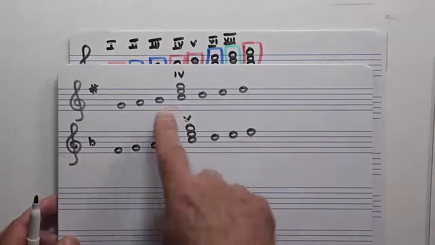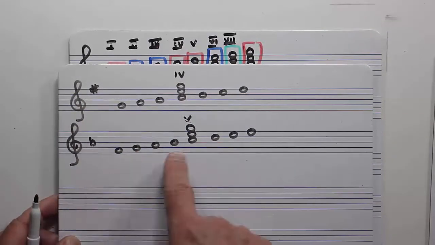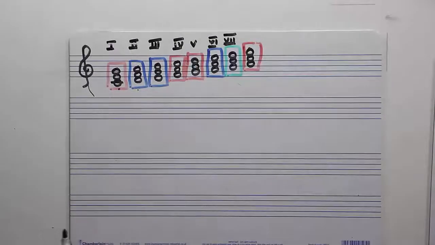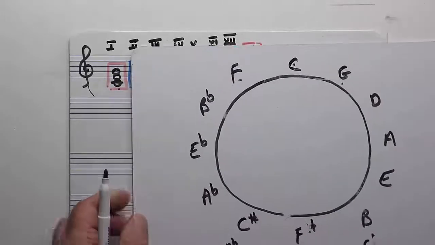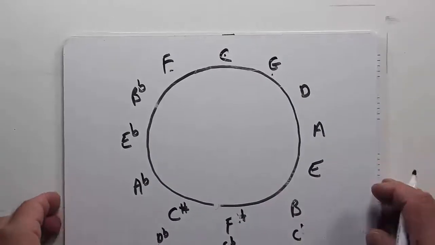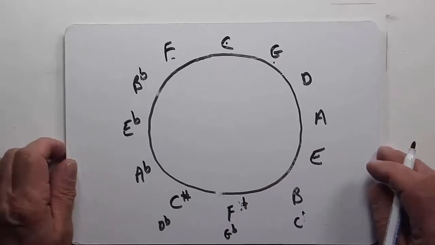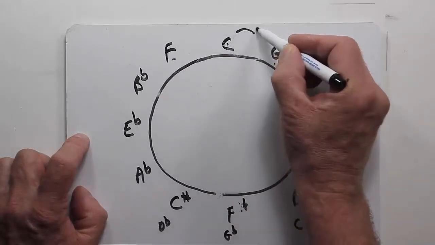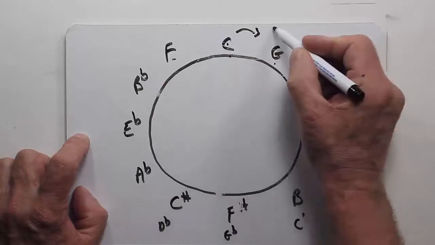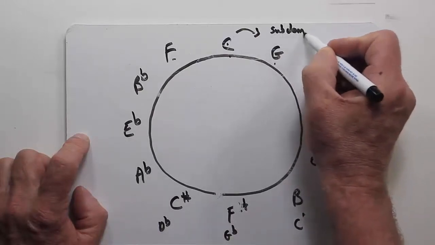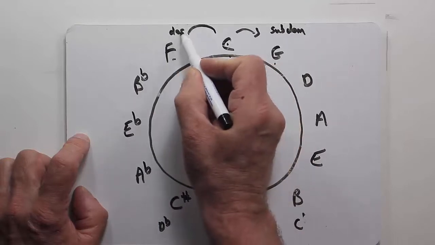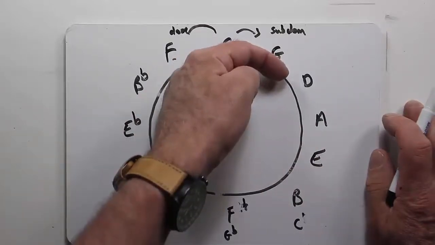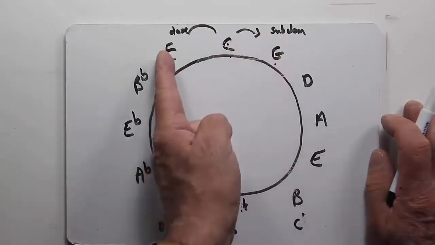It can appear as the subdominant in G and the dominant in the key of F. So if we look at the circle of fifths and look at these, if you go clockwise round, that C triad can appear as subdominant in G and dominant in F. So clockwise round the circle of fifths it becomes subdominant, and anti-clockwise it becomes dominant.